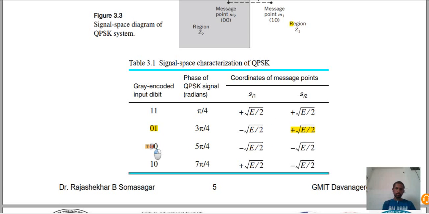And here both are 0 0, both are negative energy, which means this comes in the third quadrant, both minus minus, and 0 1 comes in the second quadrant, and similarly 1 0 is represented, where 1 has the positive energy and 0 has the negative energy.